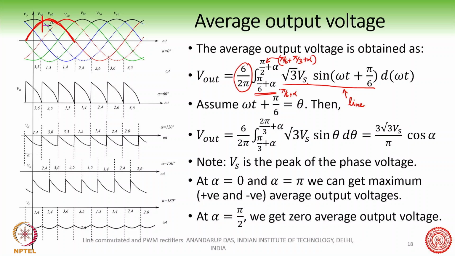Root 3 Vs, where Vs is the peak of the phase voltage, into sine omega t plus pi by 6, because line voltage leads the phase voltage by 30 degree. So this waveform has the equation root 3 Vs sine omega t plus pi by 6. On this waveform we are going to integrate. This is to be carefully noted. And of course d of omega t. When you do this integration, you get this as the output.